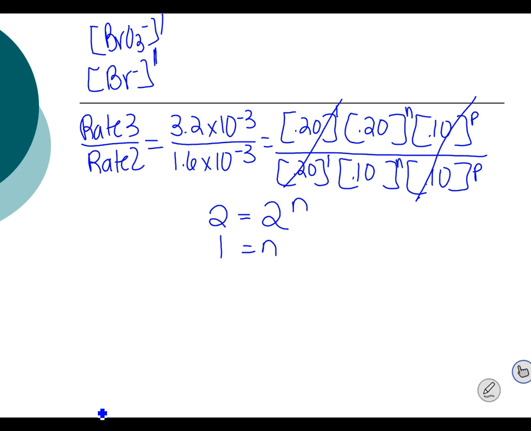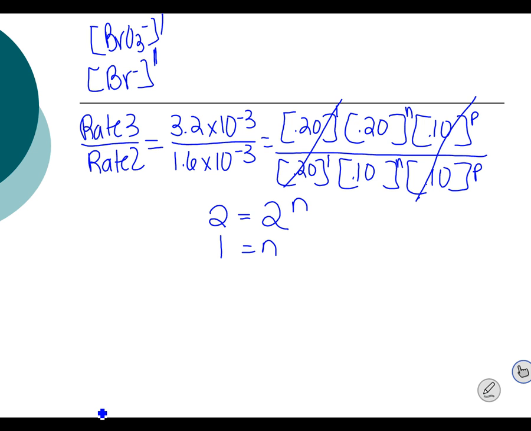And so we go back to looking at our experiments and we do the exact same thing again. This time we want hydrogen to change, and if possible, we want our bromate and our bromide to be constant. So pretty much we have to use experiment number 4 because that's the only one that has a different concentration for our hydrogen.